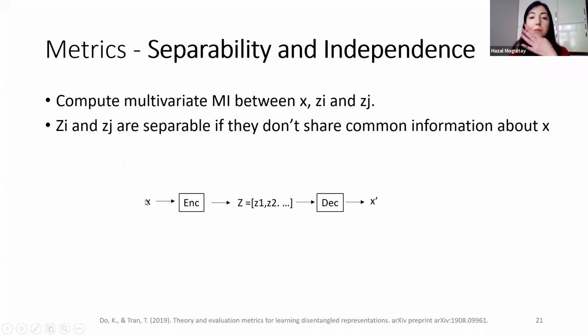Let's continue with separability and independence. We said that each of these subspaces in representation should be independent from each other. We can compute them by, again, using mutual information. We can say that mutual information within any pair of these representations should be 0.